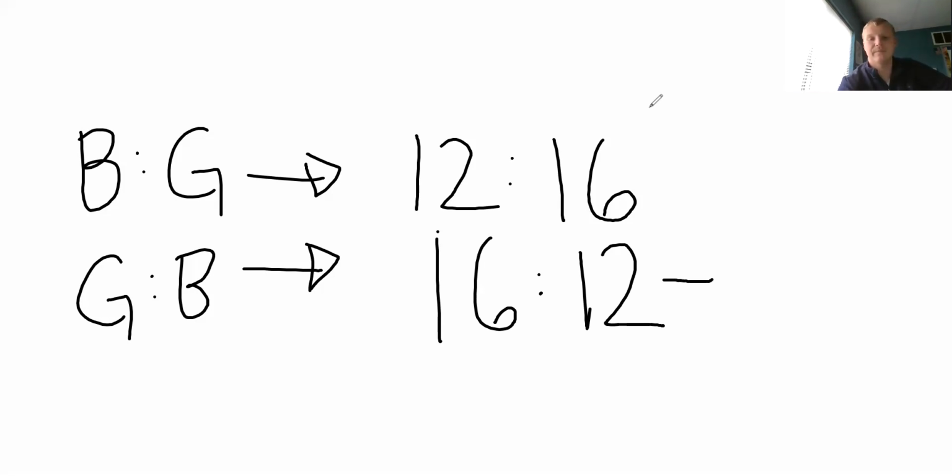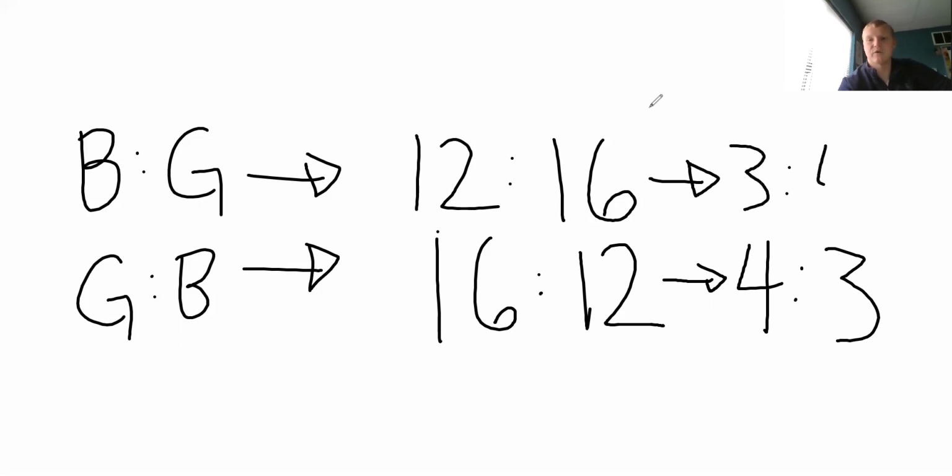Aries, how did you do that? Exactly, you just divide them by their greatest common factor. 16 divided by 4 is 4, and 12 divided by 4 is 3. So it's a 3-to-4 ratio or a 4-to-3 ratio. Simplifying your answer is very important.